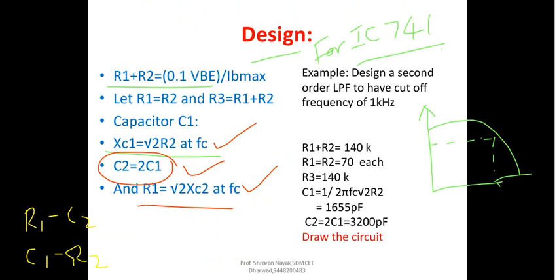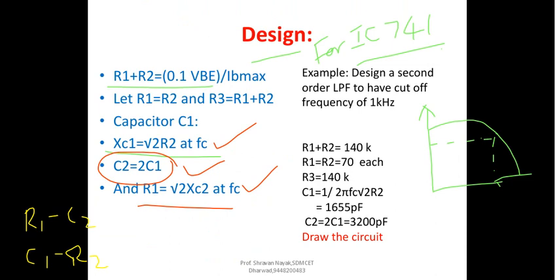As long as these two relations hold good, you will have C2 equals 2 times C1, right? So these are the very few steps of the design to be followed in the second order Butterworth low pass filter, right?